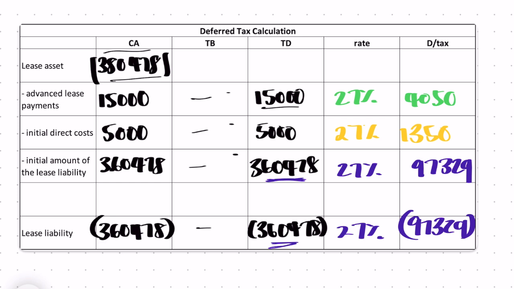And as it relates to the lease payments that we make, from a tax perspective we are also going to be able to claim all of the deductions for the leases. So we agree that this thing is going to be written off over time from an accounting perspective. SARS agrees that it's going to be written off eventually once the payments happen. So the only difference in between is a timing difference. And because that exists, there should be deferred tax. And we see that coming through in the answer we have over here.